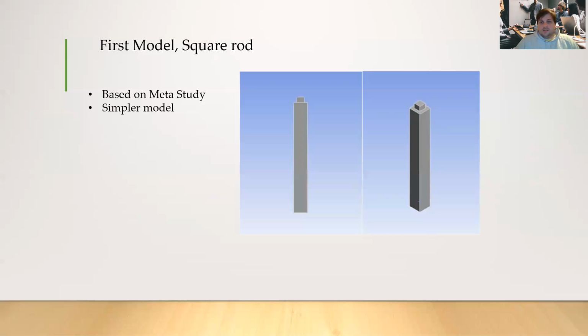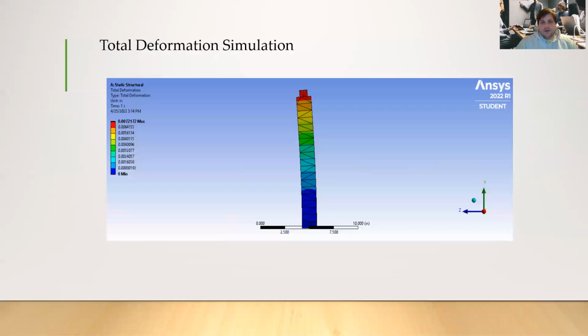And so this is the square cross-sectional area rod, which is the simpler of the two.